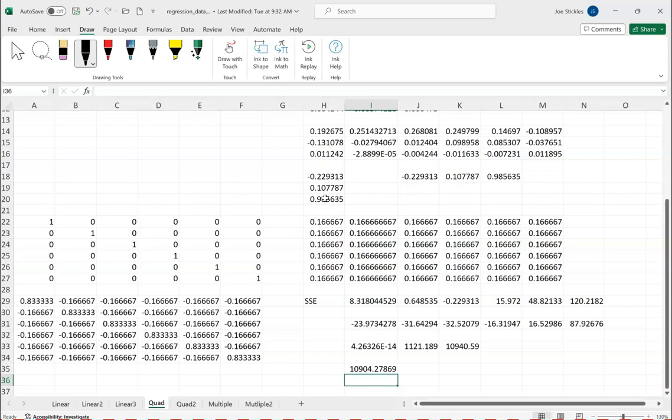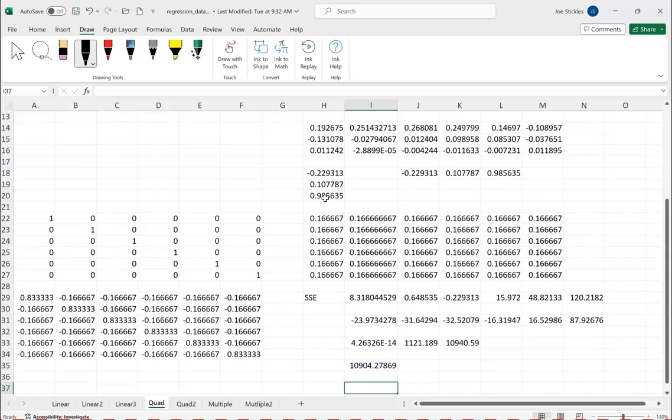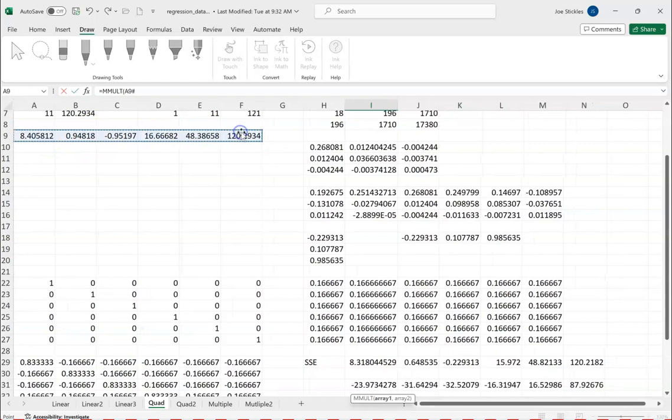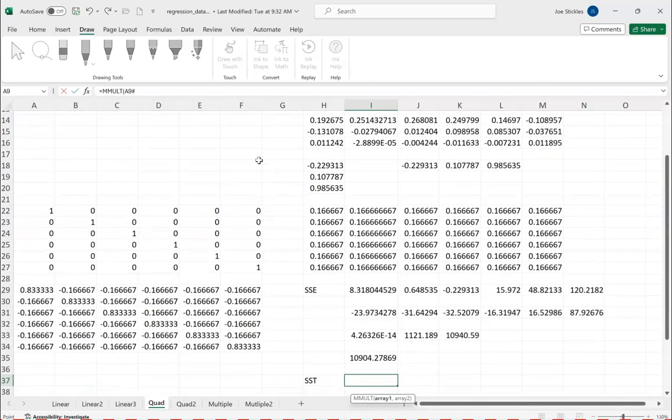Yeah. Okay. I also need the total sum of squares, the SST part. To do that, y transpose was, I put that up here. That was right here, right? That was the transpose of the y's. What do we multiply that by?